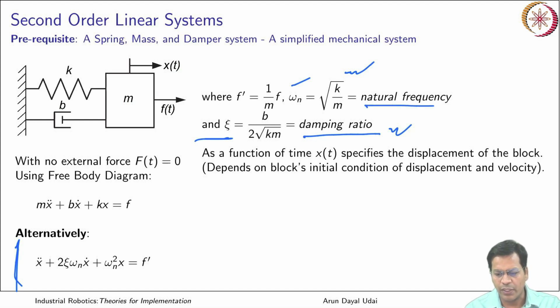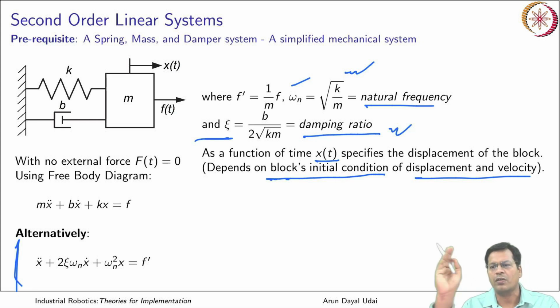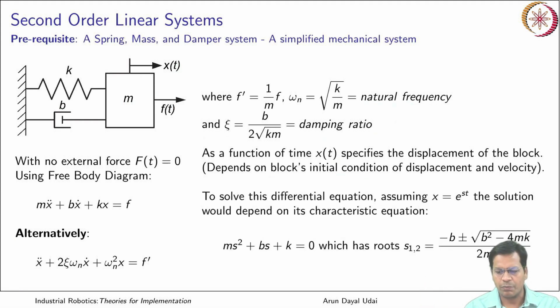Okay, so x(t) is the displacement as a function of time, which specifies the displacement of the block. This depends on the block's initial conditions of displacement and velocity as well. You may start from the mean position, or your system is already in a location and you have given it a velocity. So the boundary condition may change. Okay, but I assume it has started from rest.